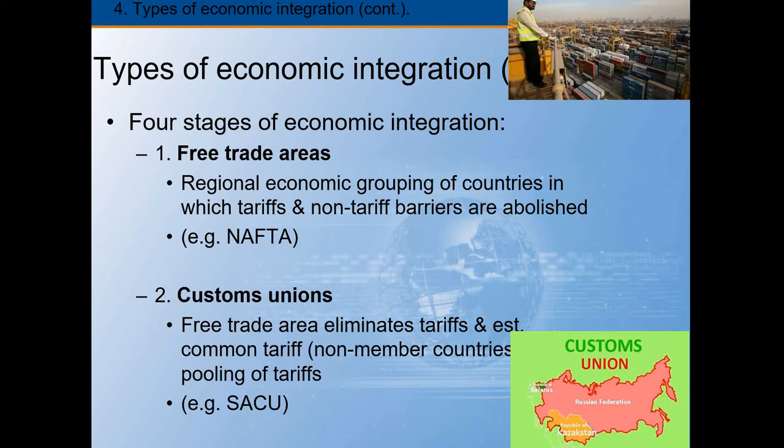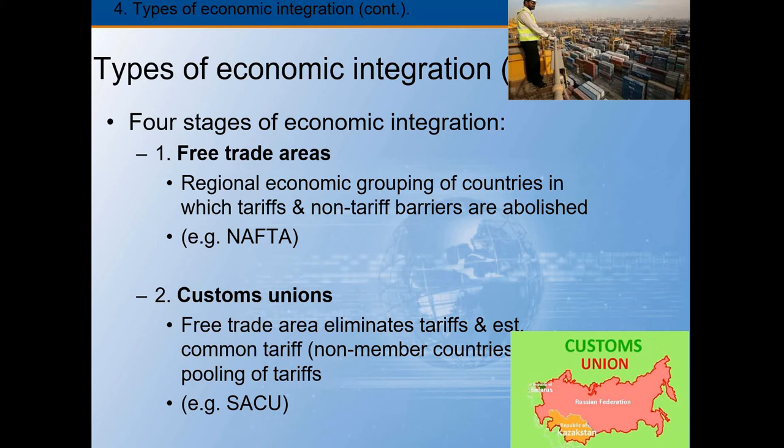Let's say they're countries A, B, and C within your free trade union, and country A charges 20 Rand tax on a packet of cigarettes, country B 15 Rand tax, and country C only 5 Rand tax. Then it's going to have the implication that all the cigarettes come in through country C and then are distributed to country A and B, who will lose their tax income from cigarettes.